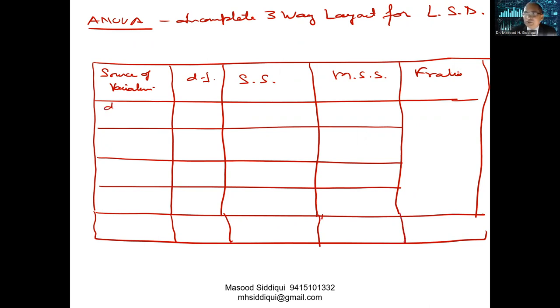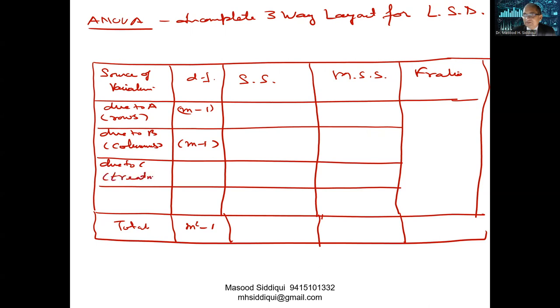So the first one is due to A, that is the rows. Since there are m, the degrees of freedom are m minus 1. The total number of observations is m square, so the total degrees of freedom are m square minus 1. The next one is due to B, the columns, which also has m minus 1. The third is due to C or the treatment, also m minus 1.